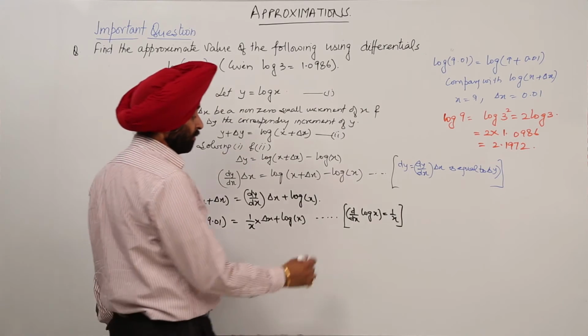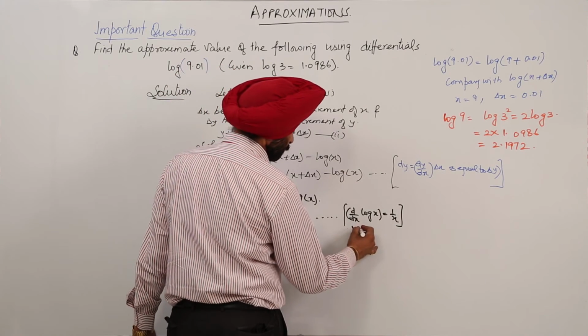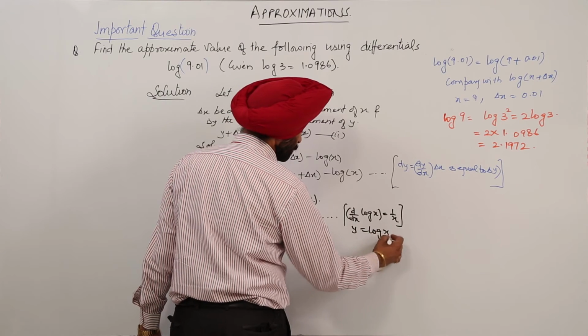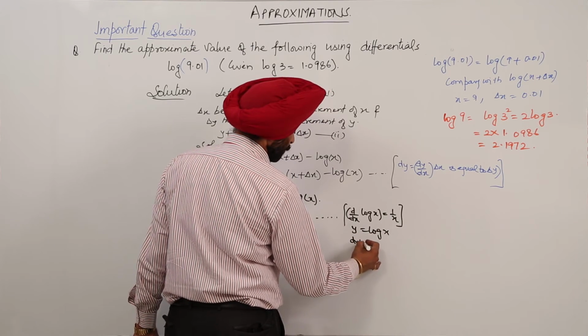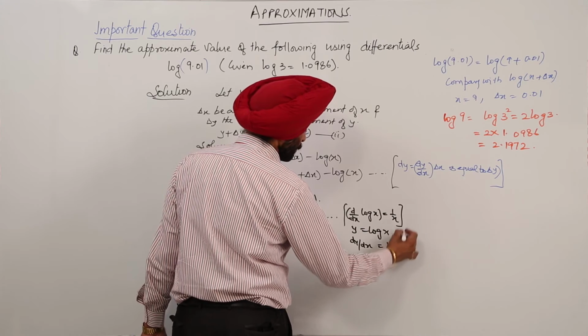Okay, so we were having y is equal to log x. Now dy by dx is equal to 1 by x.